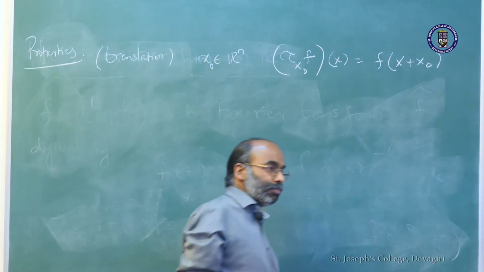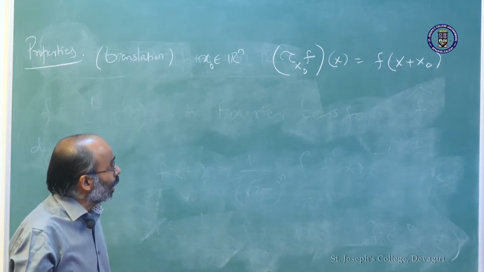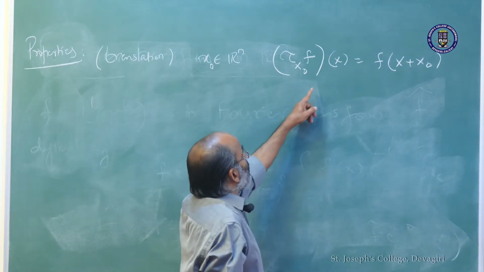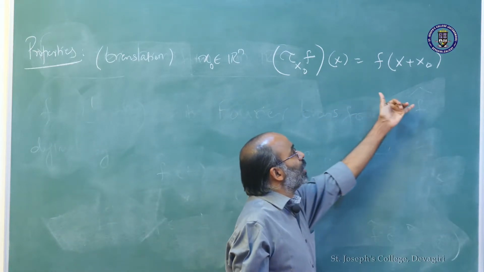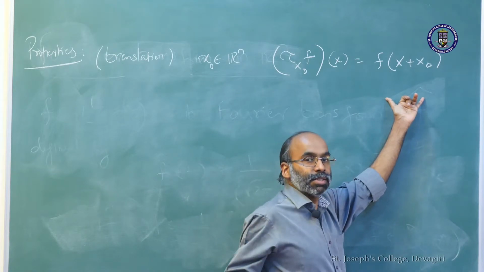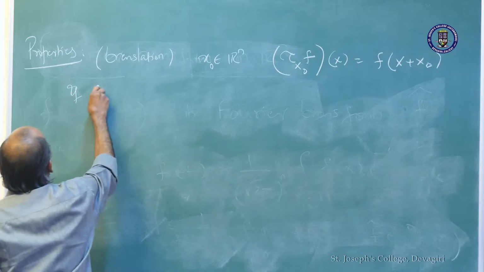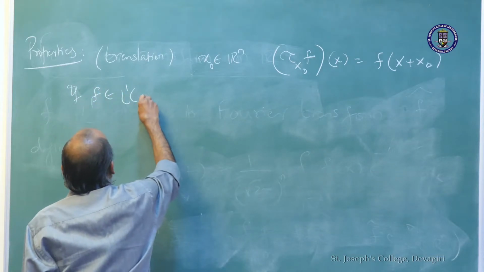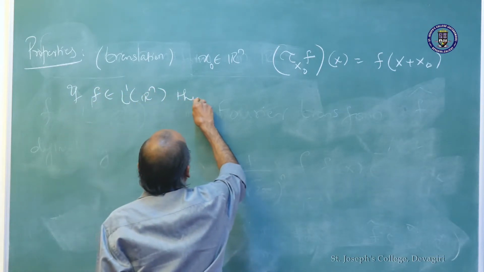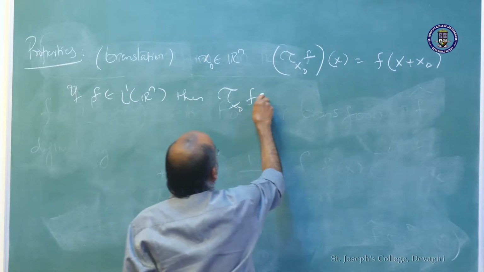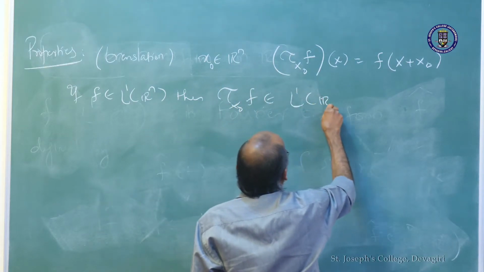This makes sense. If f is in L1, then its translation is also in L1, because Lebesgue measure is translation invariant. So if f belongs to L1, then tau sub x naught f also belongs to L1 of R^n.